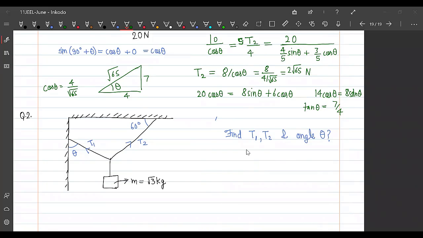In this question, you have to find T1 and T2, and angle theta, you have to find angle theta such that the tension developed in this string is minimum. Okay, you have to find angle theta such that T1 is minimum.